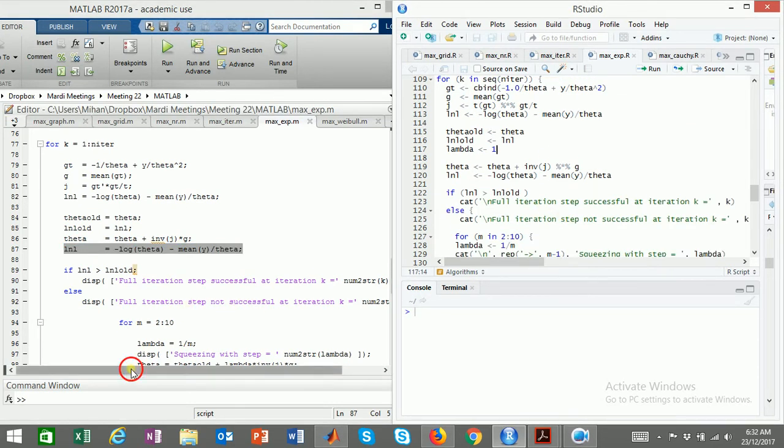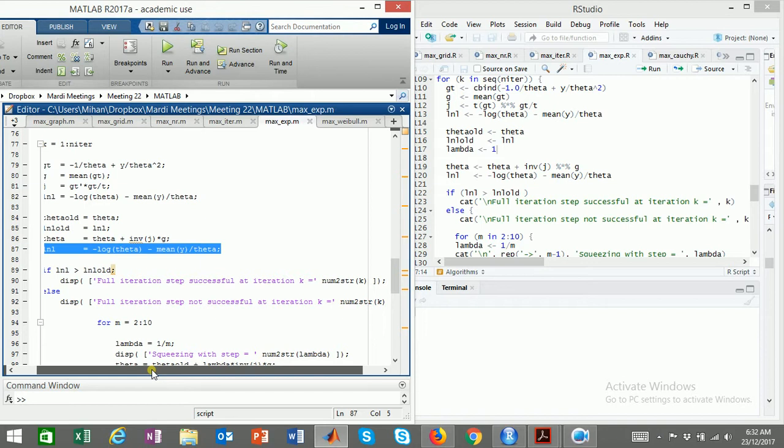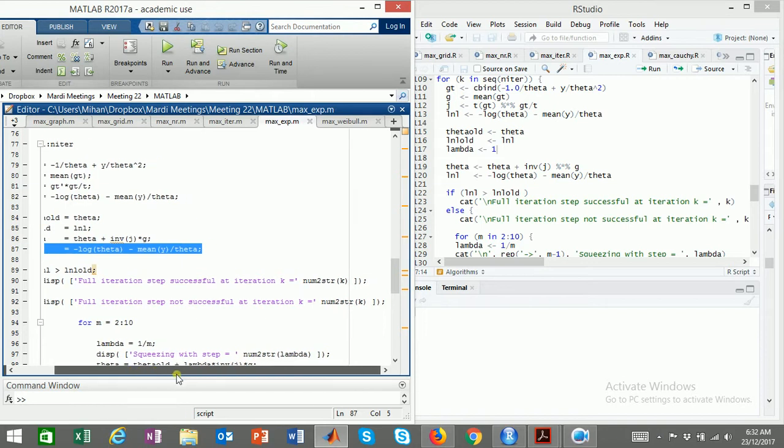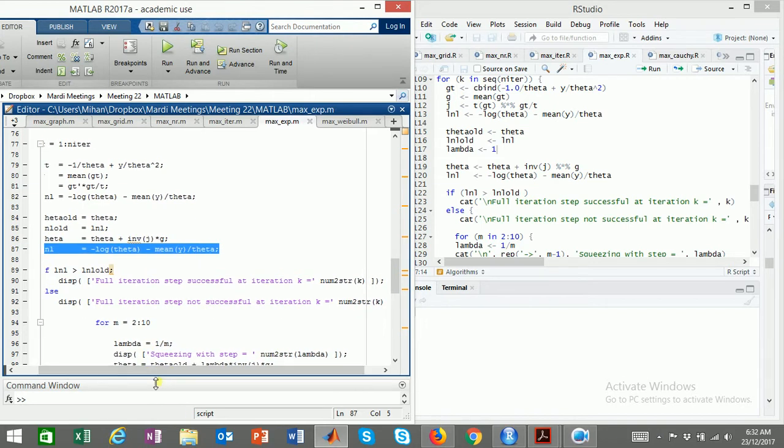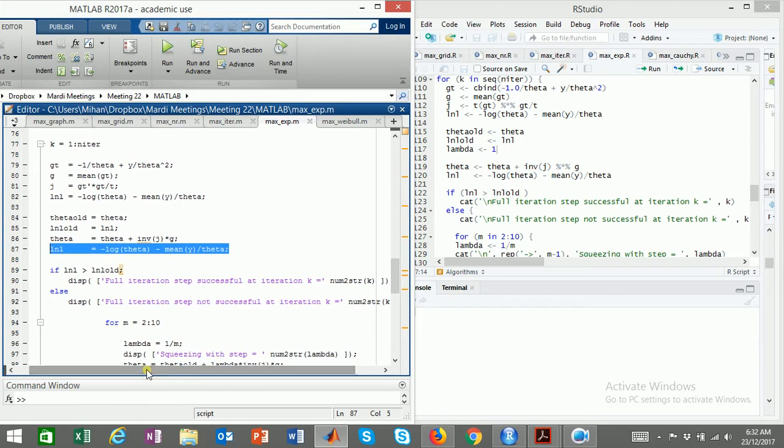If log L is greater than log old, so if the log likelihood function increases, that is what is supposed to happen. If the log likelihood function falls, so if the current log likelihood value is lower, with each iteration, what is supposed to happen?